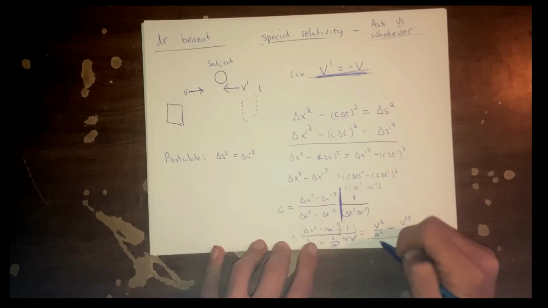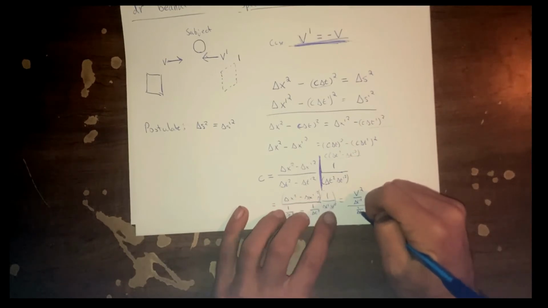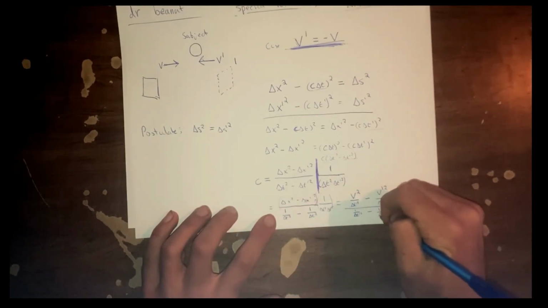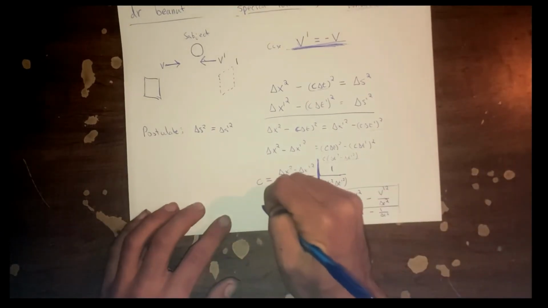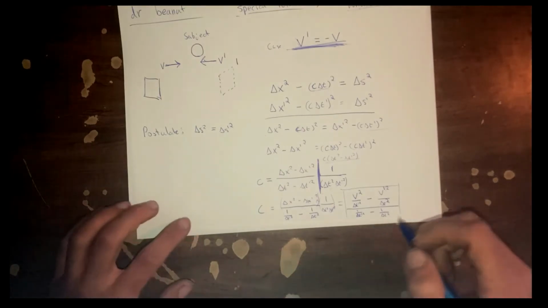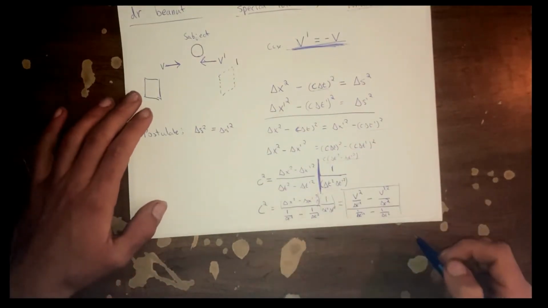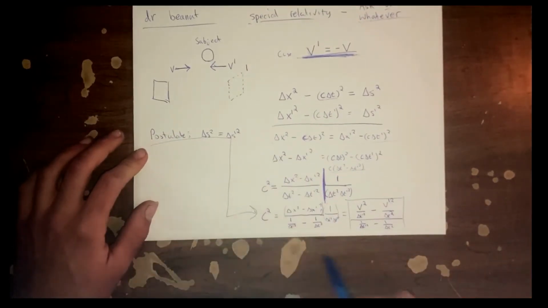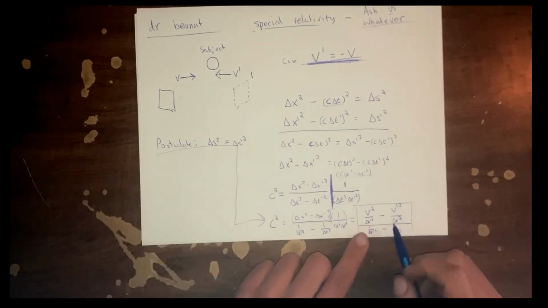And all of that is still over 1 over delta t prime squared minus 1 over delta t squared. Now this is equal to c squared. I forgot that. So, just from the postulate of special relativity, we arrived at this form of writing c squared.